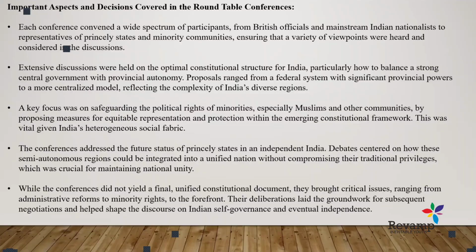So they wanted to discuss a legal, constitutional document to govern administrative India in the current political situation. A key focus was on safeguarding the political rights of minorities. In India, there were many ethnic and religious minorities and communities, and the British wanted to guide and focus on safeguarding such communities against exploitation by other ethnic groups or even the government.